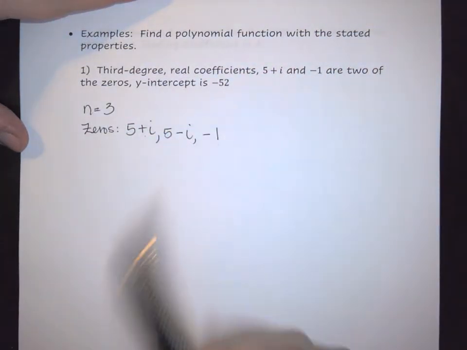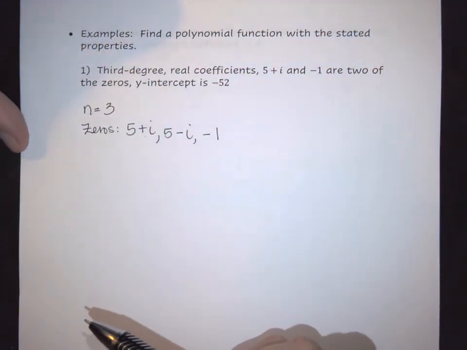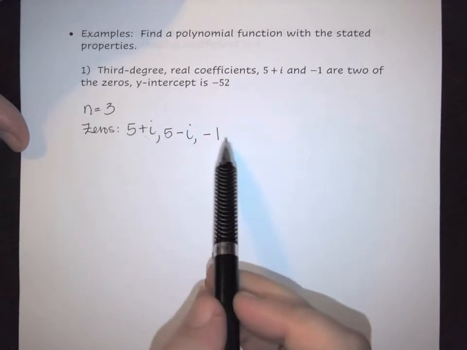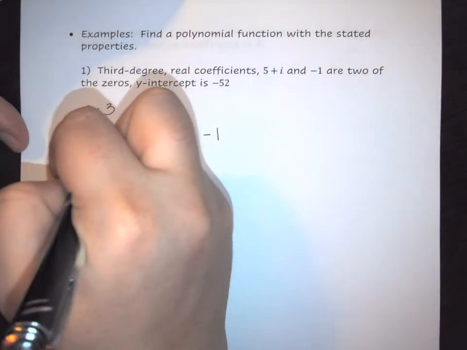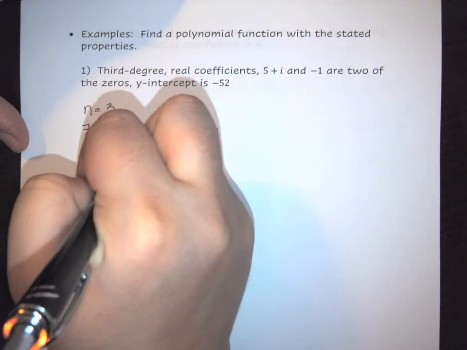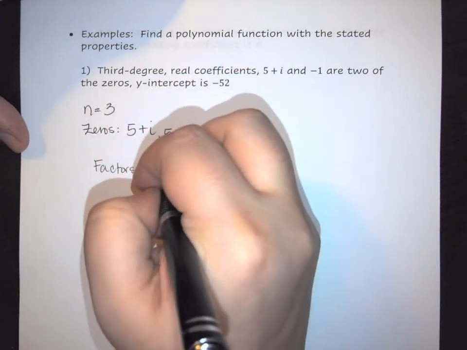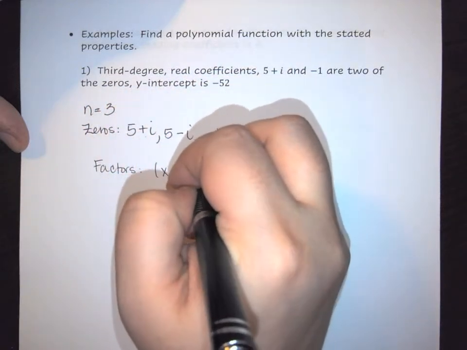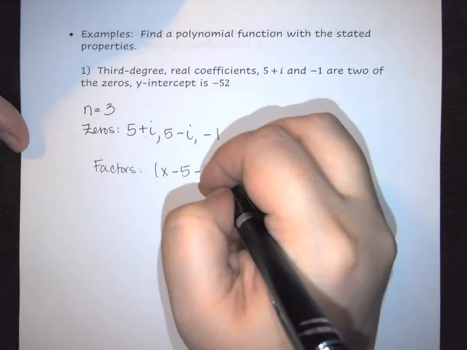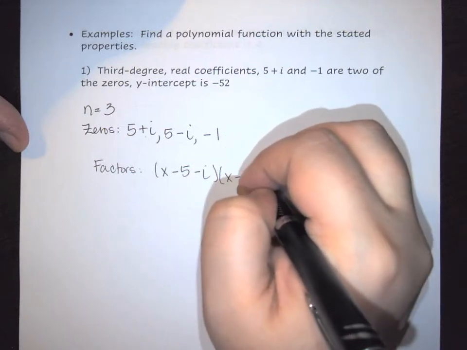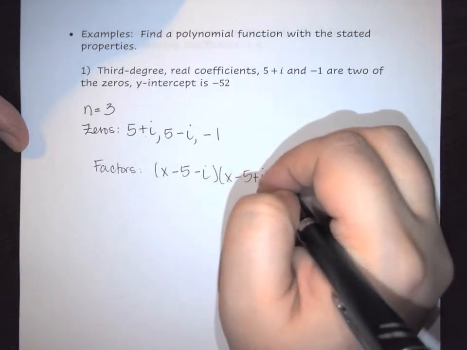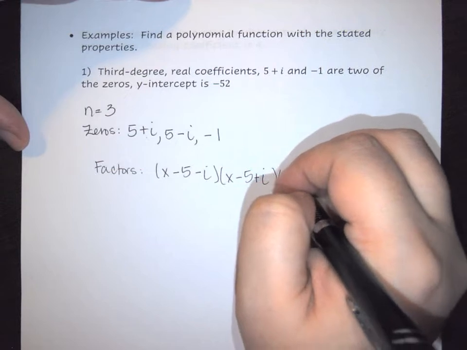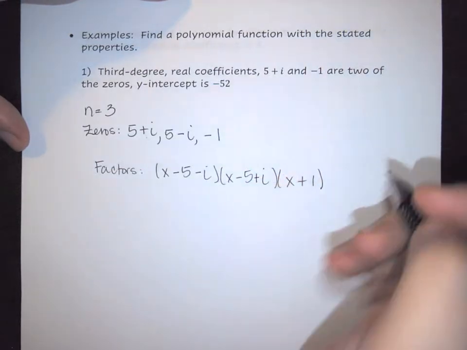So these are your three zeros. So the first thing you need to do is rewrite your zeros into factors. So your factors would become x minus 5 minus i, x minus 5 plus i, and x plus 1.